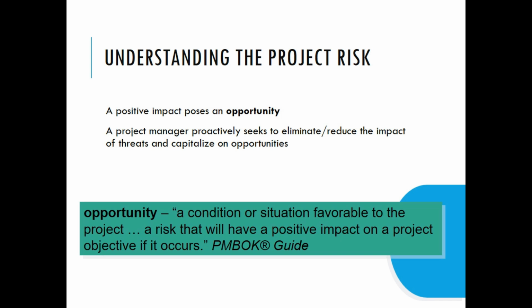Project manager proactively seeks to eliminate or reduce the impact of threats and capitalizes on the opportunities. A positive risk is also called an opportunity. According to PMBOK, an opportunity is a condition or situation favorable to the project. A risk that will have a positive impact on a project's objectives, if it occurs, is called an opportunity.